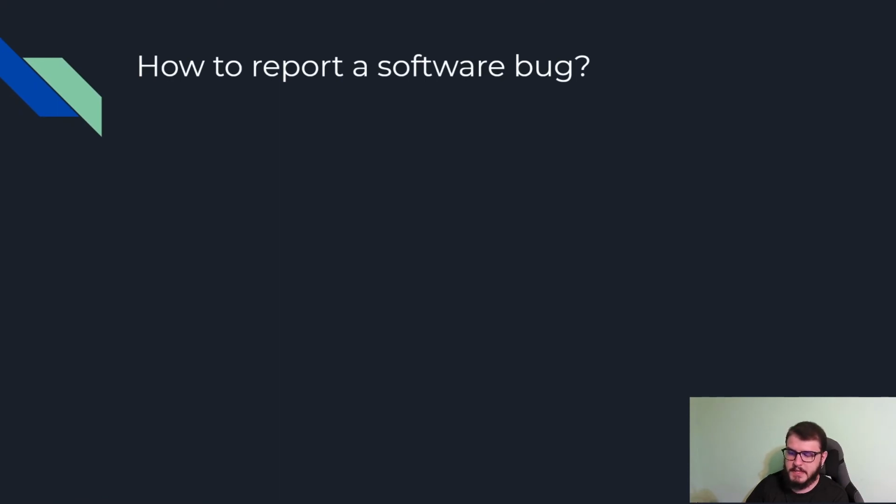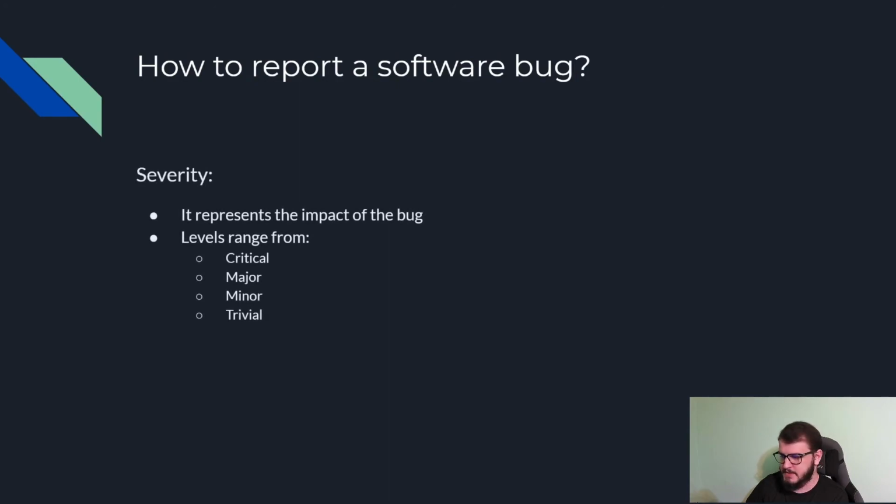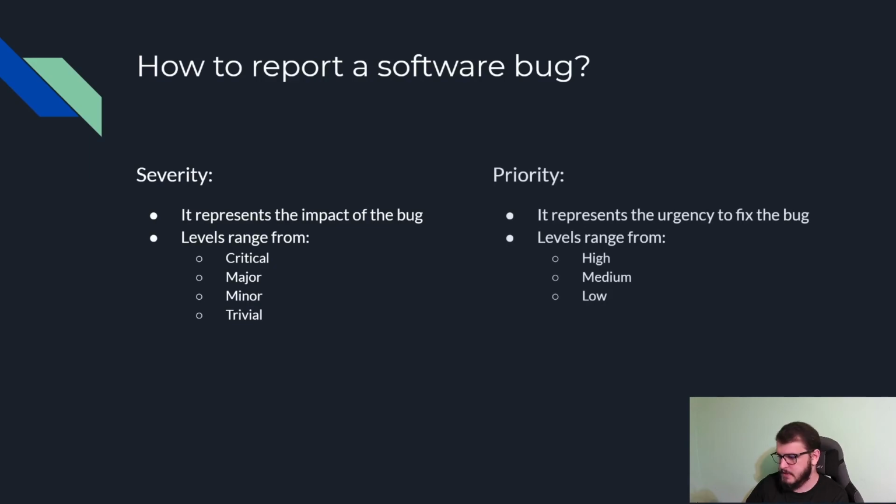Now let's talk about severity and priority a bit. Severity represents the impact of the bug it has on the app. It usually ranges from critical to trivial. The priority represents the urgency to fix the bug. It also ranges from high to low.